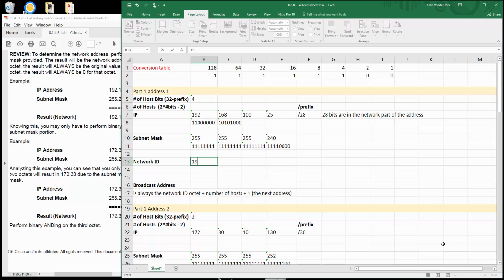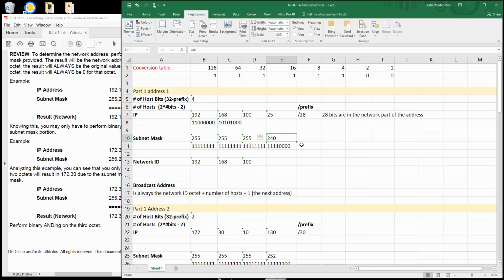If it has a 255 in it, then it stays the same as what it was. So this is 192. The next one, 168. The next one, 100, because that stays the same. Now we want to find out this last one because that's not the same. You can only perform binary ANDing on those that do not have a 0 or 255.